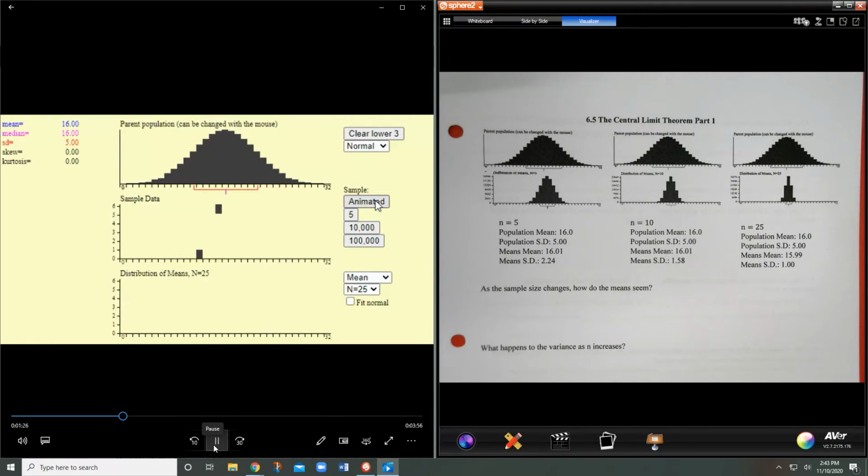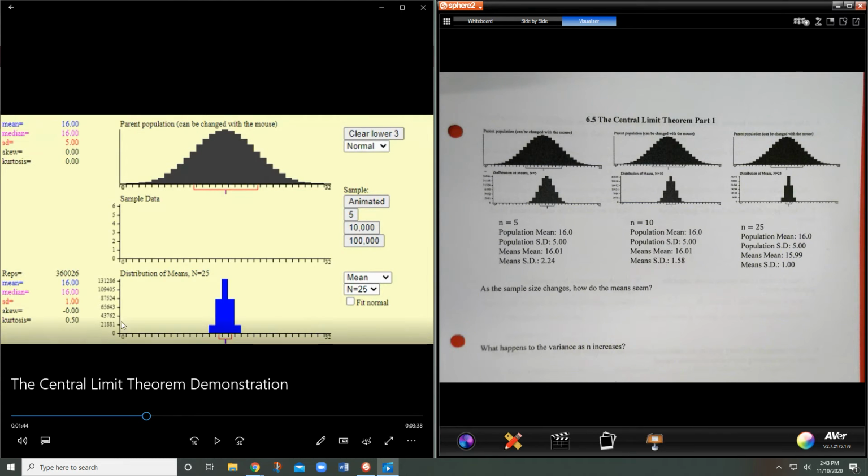We could do this one more time with a sample of size 25. Theirs was 1, and now we're going to speed it up. As you see, the mean of our sample means is the same as the mean of our population, but our standard deviation got even smaller.